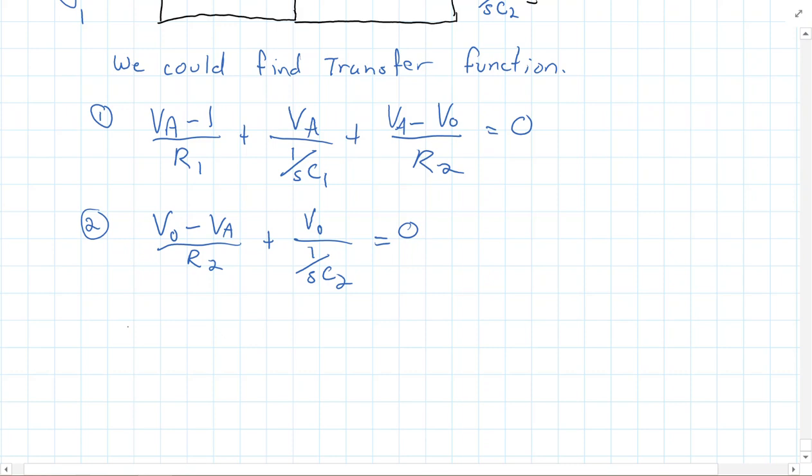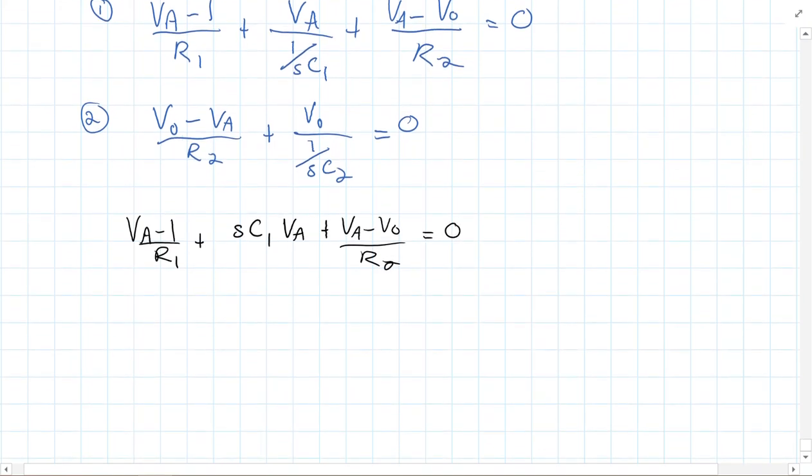So as I said, we're going to solve this. So we have VA minus VN over R1 plus SC1 VA plus VA minus VO over R2 equals 0. And then I'm simply going to multiply through by R1 R2.